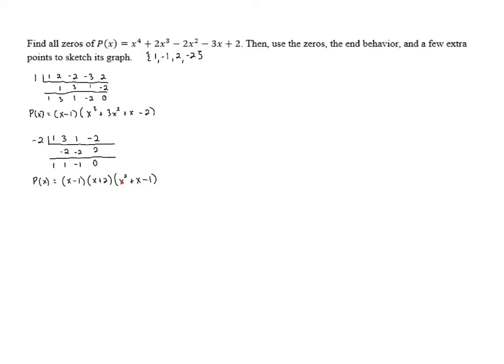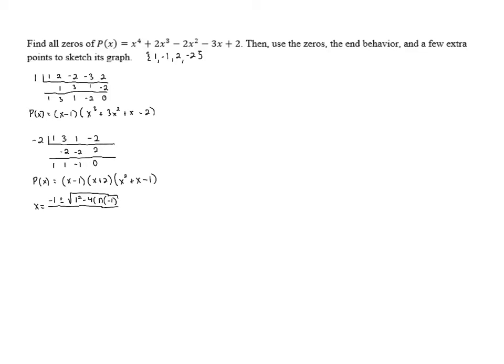We can try factoring this trinomial, but we're not going to get anything nice using unfoiling. So we're going to use the quadratic formula to find the zeros for that factor. So we've got x equals the opposite of b, which will be -1, plus or minus the square root of b squared, so 1 squared minus 4 times a times c.